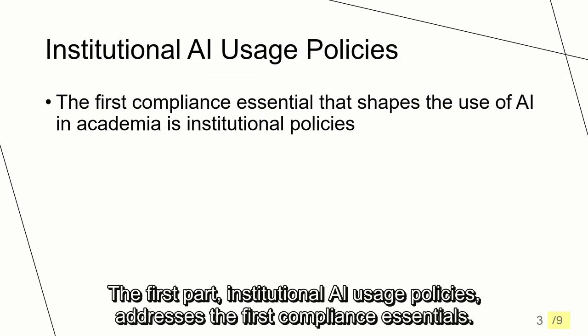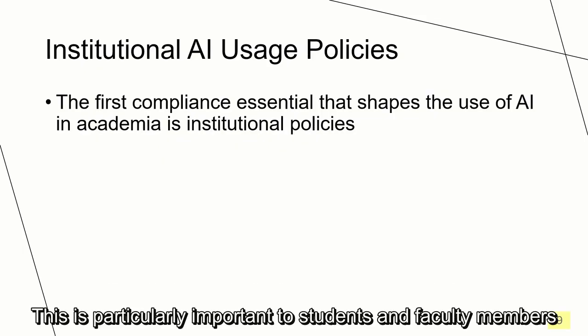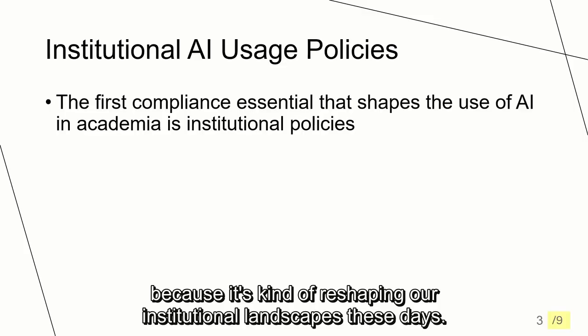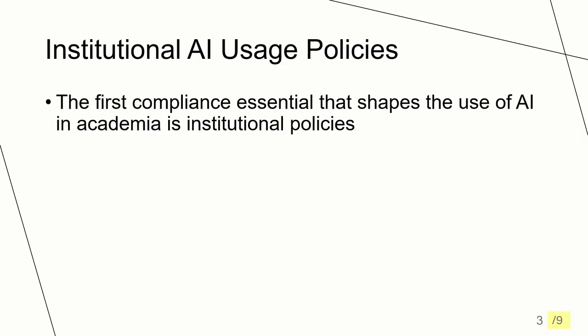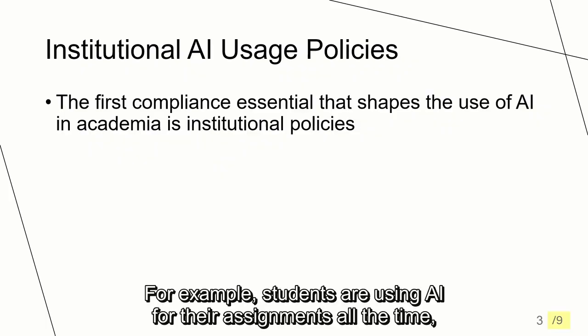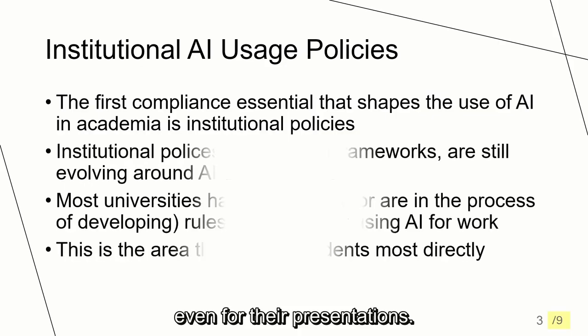The first part, institutional AI usage policies, addresses the first compliance essential. This is particularly important to students and faculty members because it's reshaping our institutional landscapes these days. For example, students are using AI for their assignments all the time, even for their presentations.